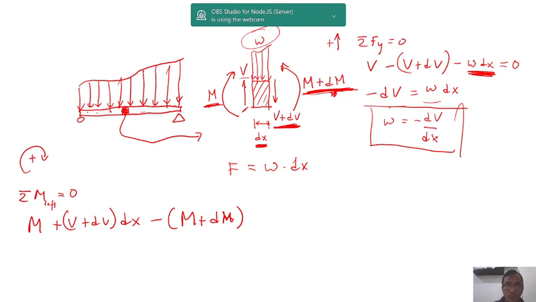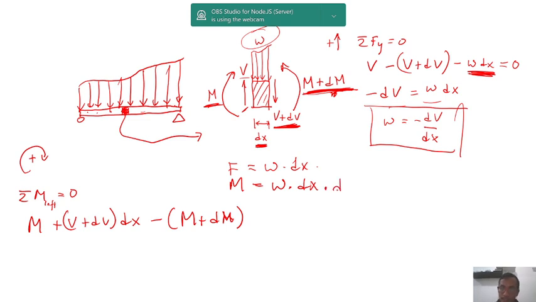Then due to w, as usual, because it's a distributed force. At the beginning, I told you that in this kind of small element, dx is very small. That's why the distribution of w can be represented by a rectangle. So the force will be w multiplied by dx, and the moment due to w is w multiplied by dx and multiplied by the moment arm.